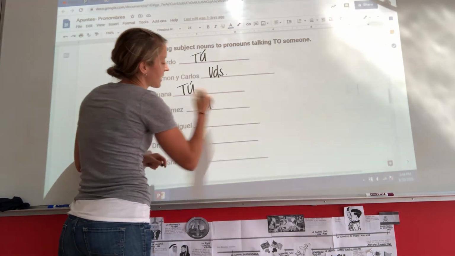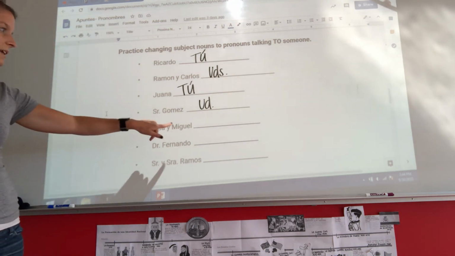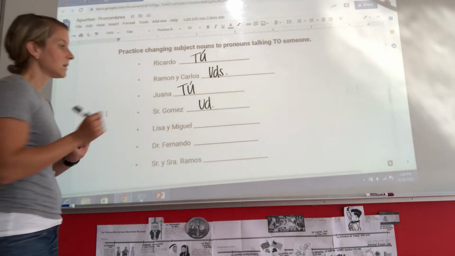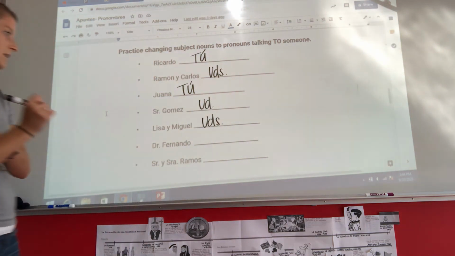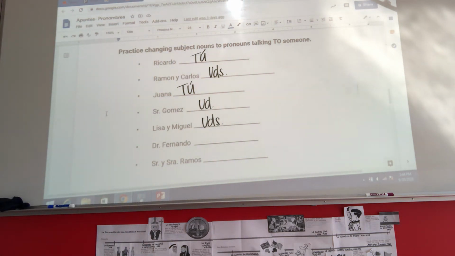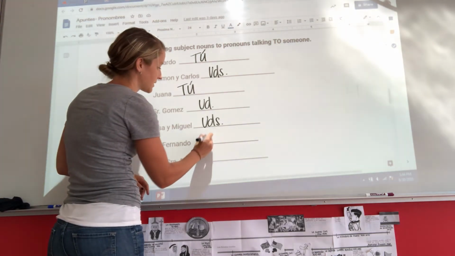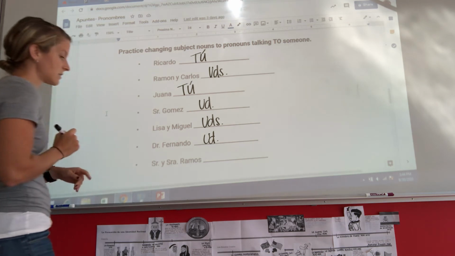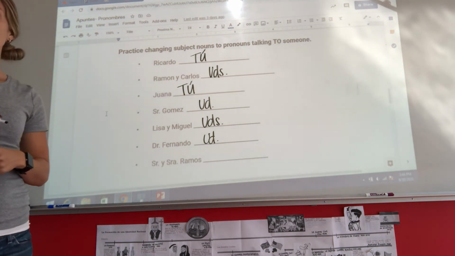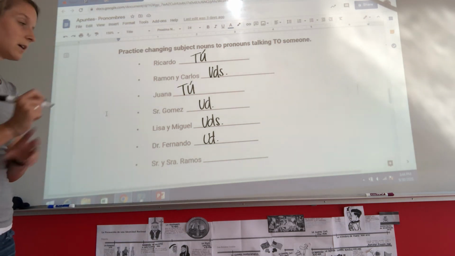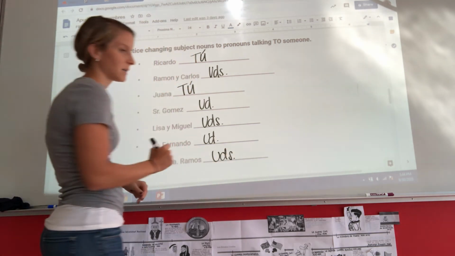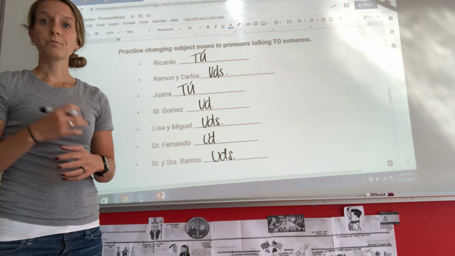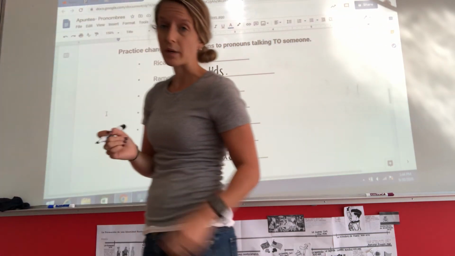Muy bien, usted. Lisa y Miguel. Ustedes. Dr. Fernando. Usted. Señor y señora Ramos. Two people. Ustedes. Muy bien.